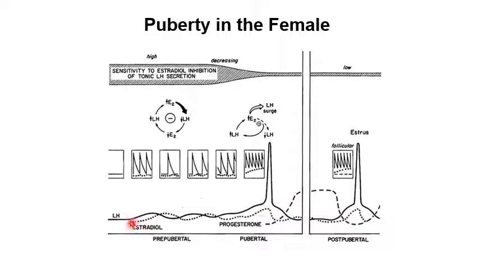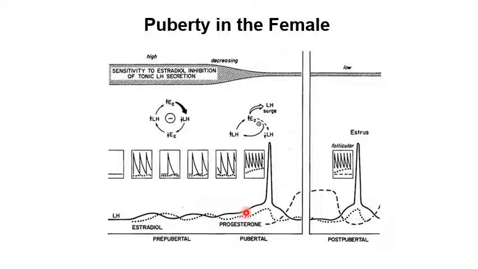So again, going back now to the portion at the bottom, for the prepubertal phase, the LH is minimal. The E2, or the estradiol, is also produced minimally. And again, the E2 has a negative feedback on LH secretion. That is why there is a drop of the LH at this point.